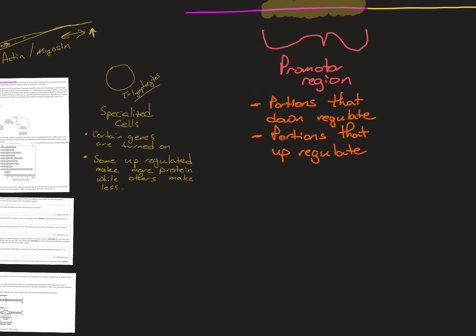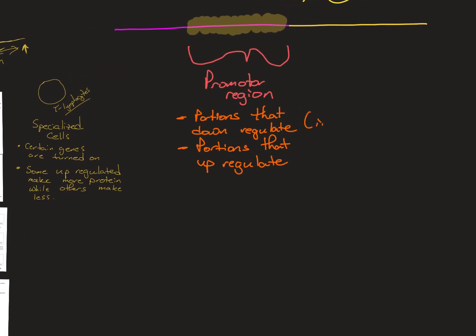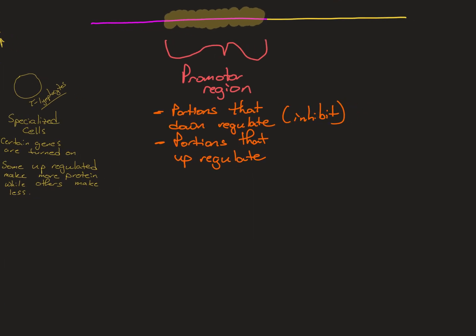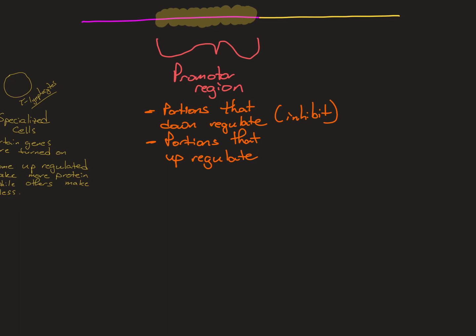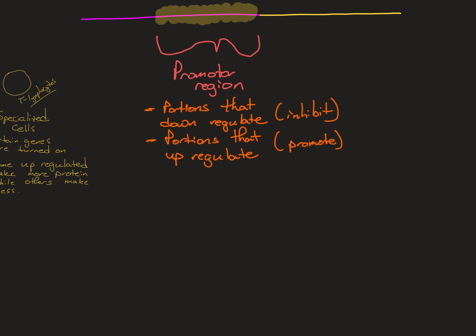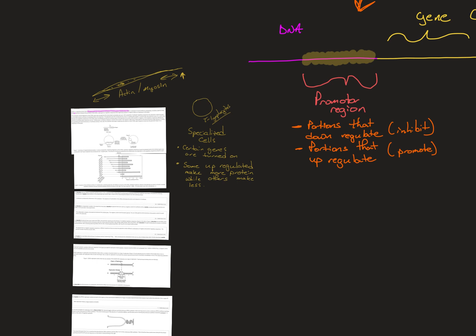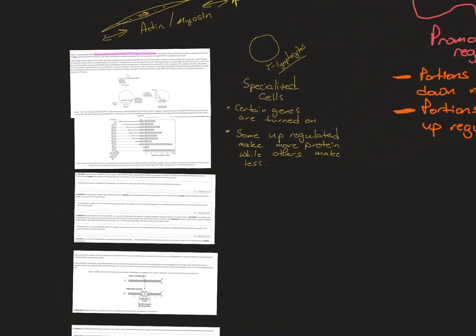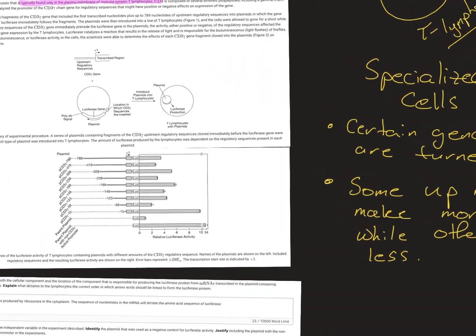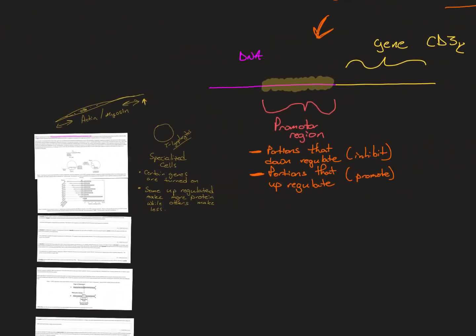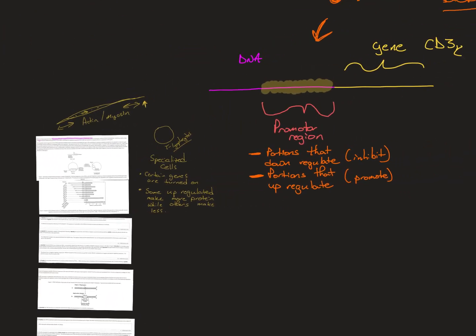Downregulate would be inhibit, or turn the amount of mRNA made down, and therefore the amount of protein down. Or it could be promote or encourage. Promoter regions generally start the process, but there are nuances, right? So you control it very finely, like a dimmer switch. You can inhibit or turn it up or down depending on what you need. That promoter region, the region before the gene, is used to regulate the gene production.